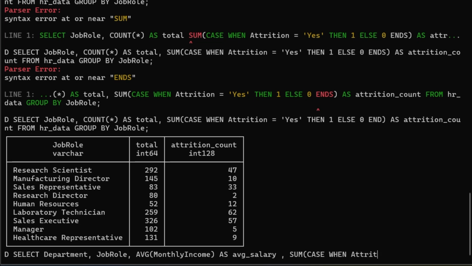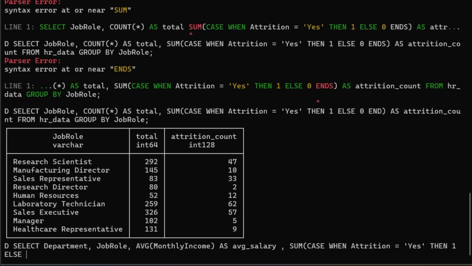Then we use case when attrition equals yes, then 1, else 0, and end, and let's name it as attrition count.